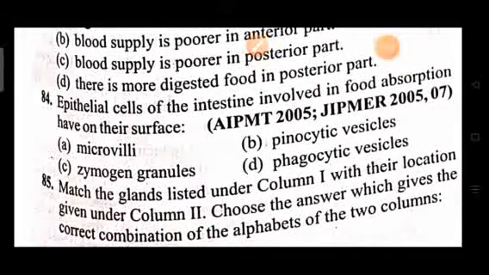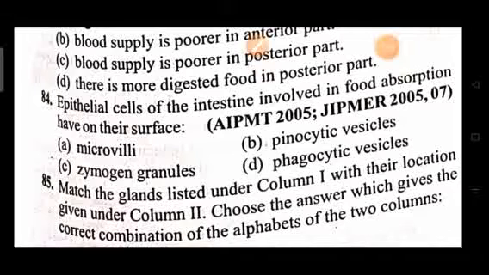Next, epithelial cells of the intestine involved in the food absorption have on their surface microvilli, pinocytosis, pinocytic vesicles, zymogen granules, or phagocytic vesicles.